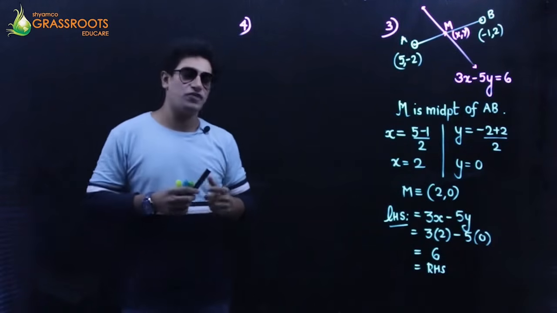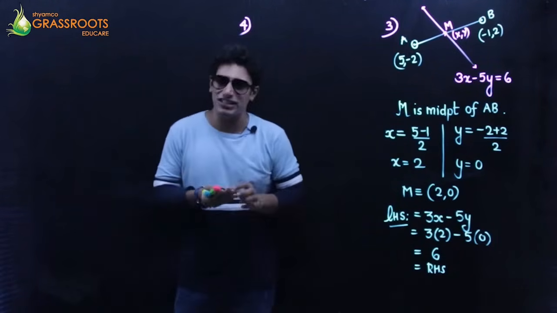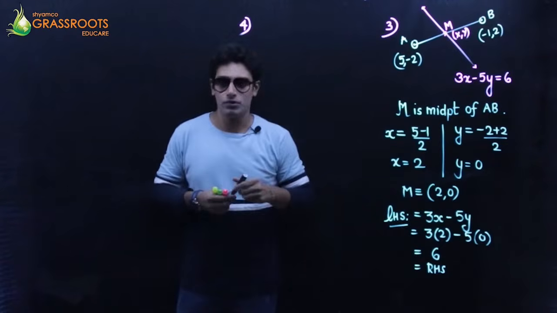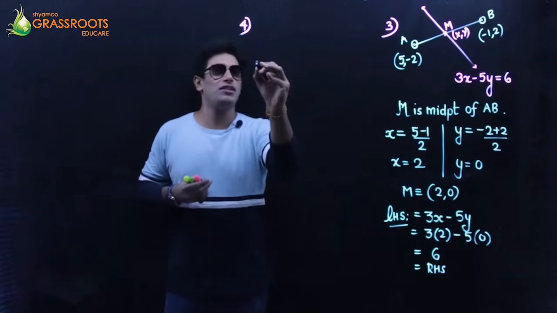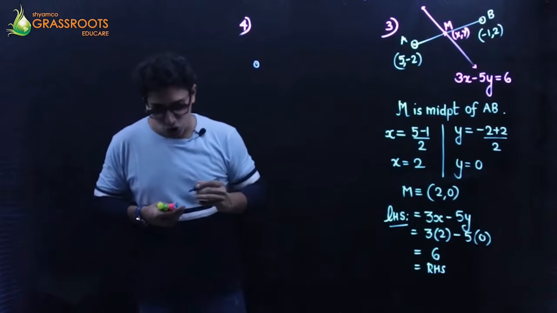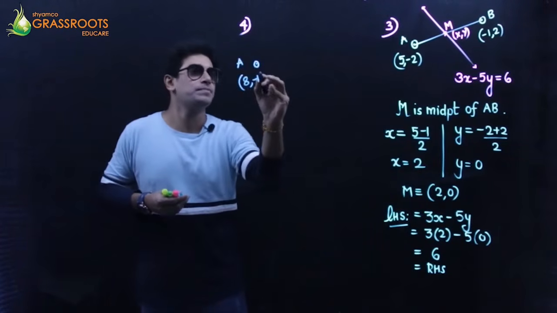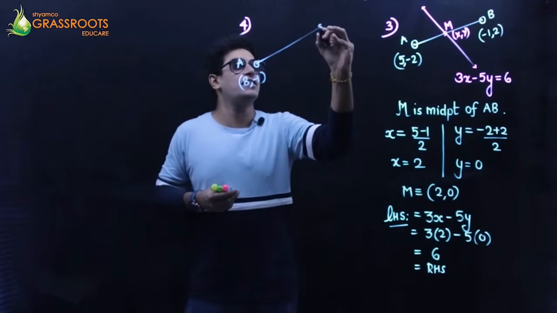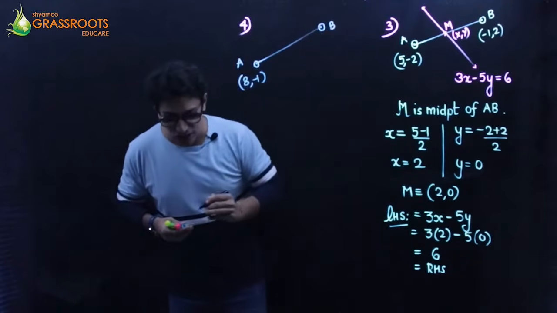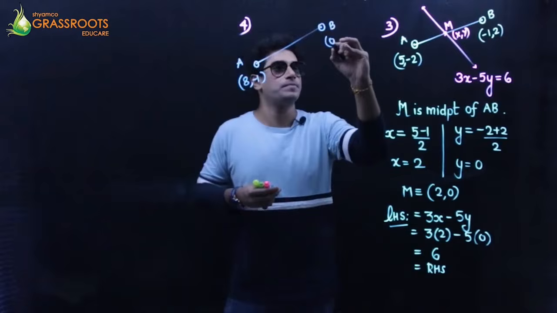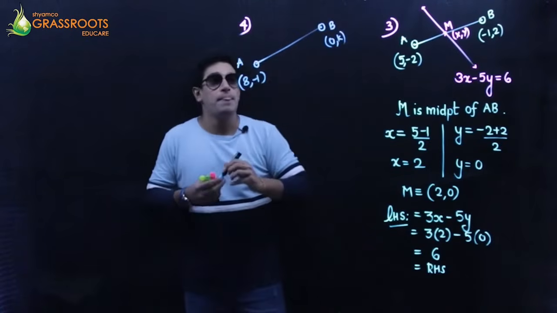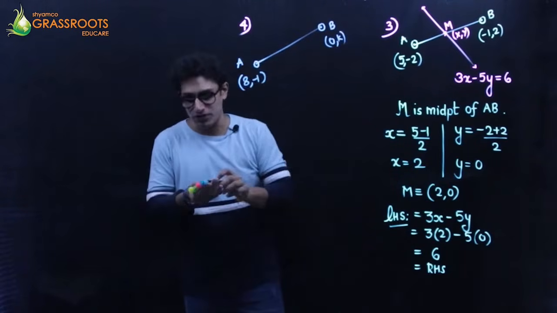Find the value of k. So what I do is draw the same diagram. No changes, only the color is different. The join is 8 comma minus 1, let me call that A, and there is another point B, which is 0 comma k. Now this is called the join of the 2 points.